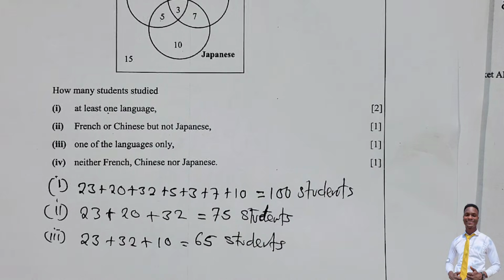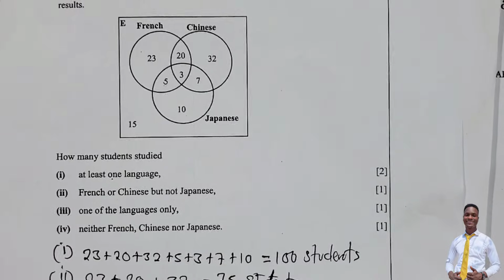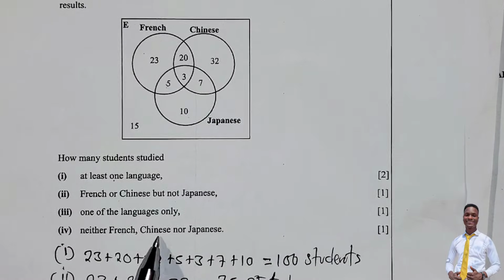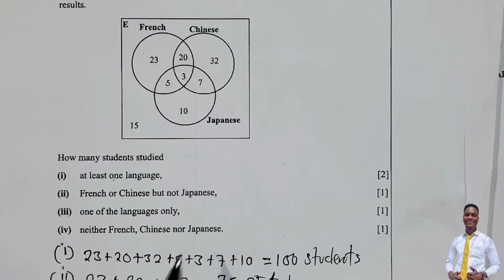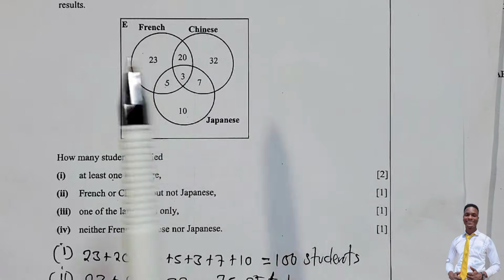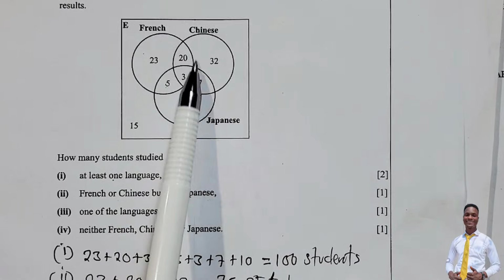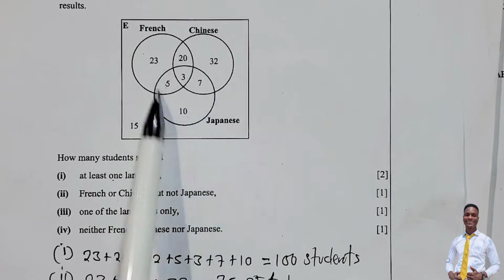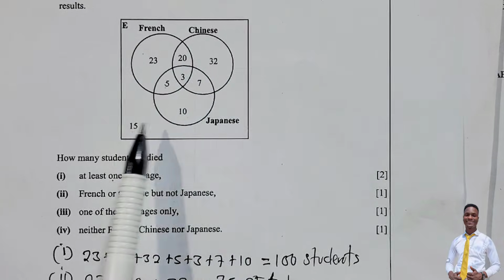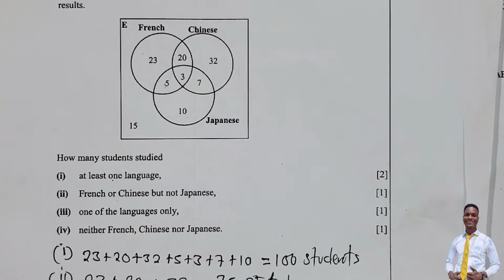All right. How many students studied neither French, Chinese, nor Japanese? If we're told neither, it means we're not supposed to include anything in these 3 sets. So we have 15 outside.